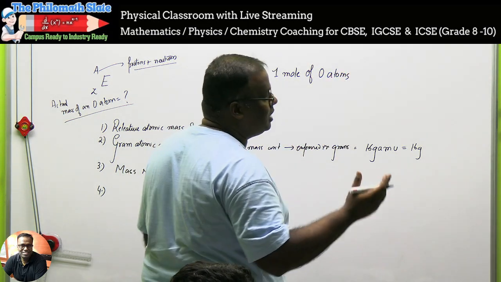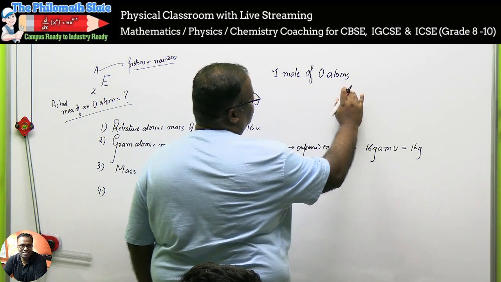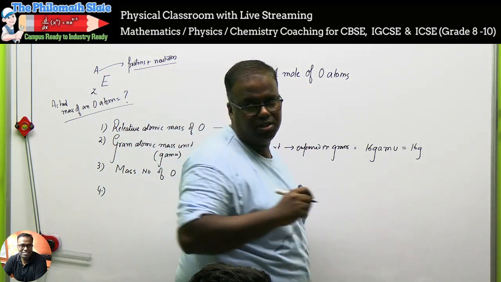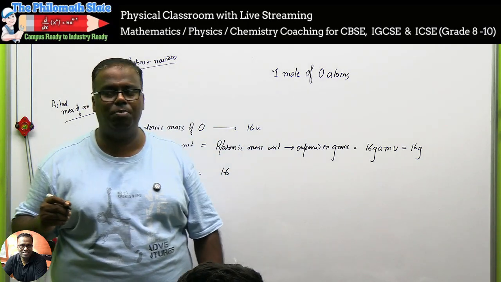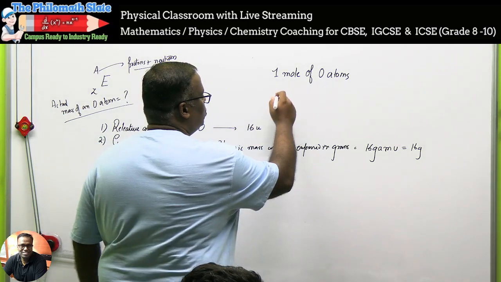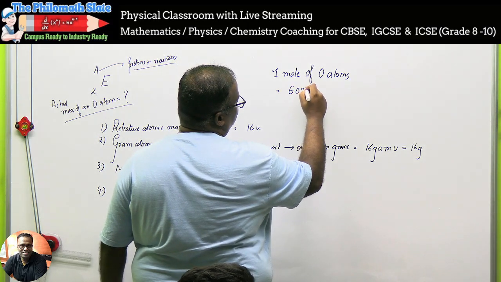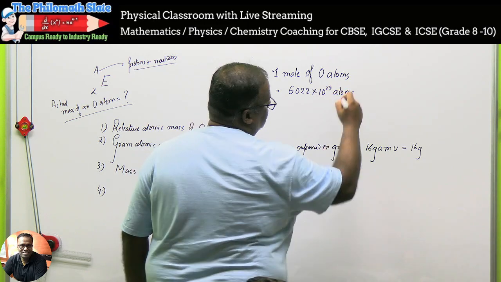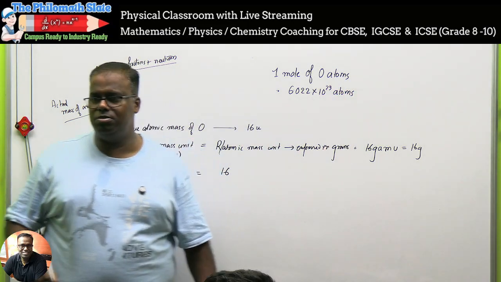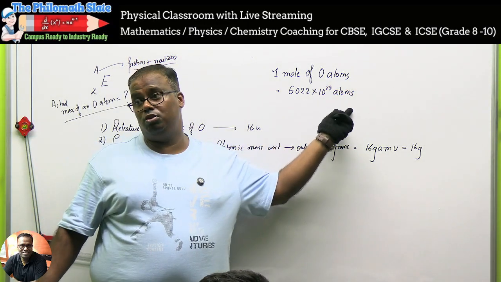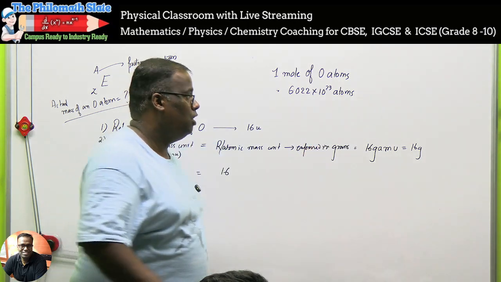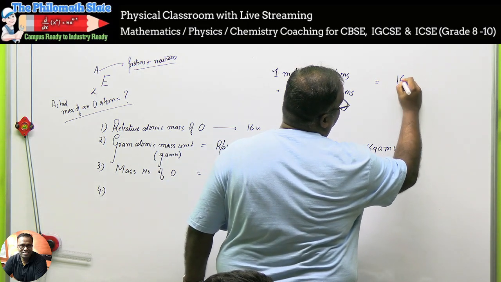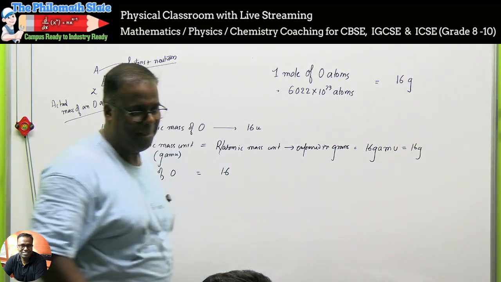Mole is the full name, and the short form is mol. How many atoms are in 1 dozen? 12. 1 pair is 2. 1 mole is 6.022 into 10 to the power 23 atoms. Huge. If you take so many atoms to Ratnadeep, they will weigh exactly 16 grams.